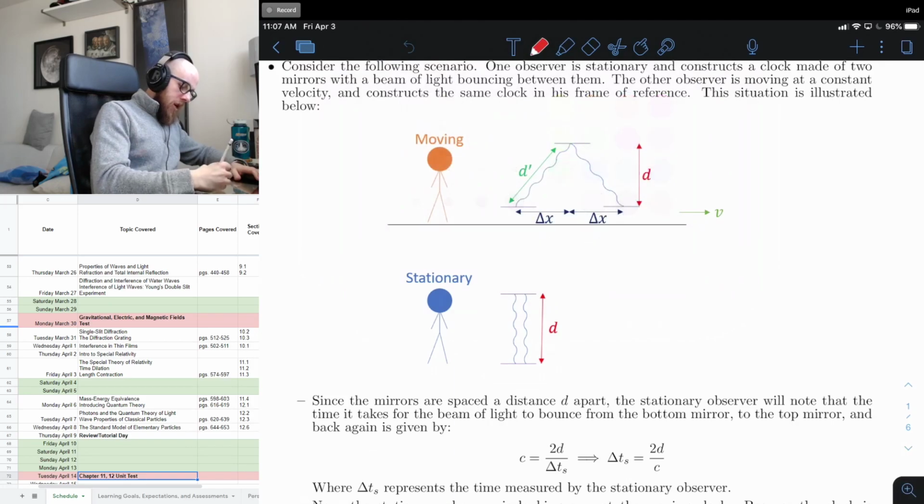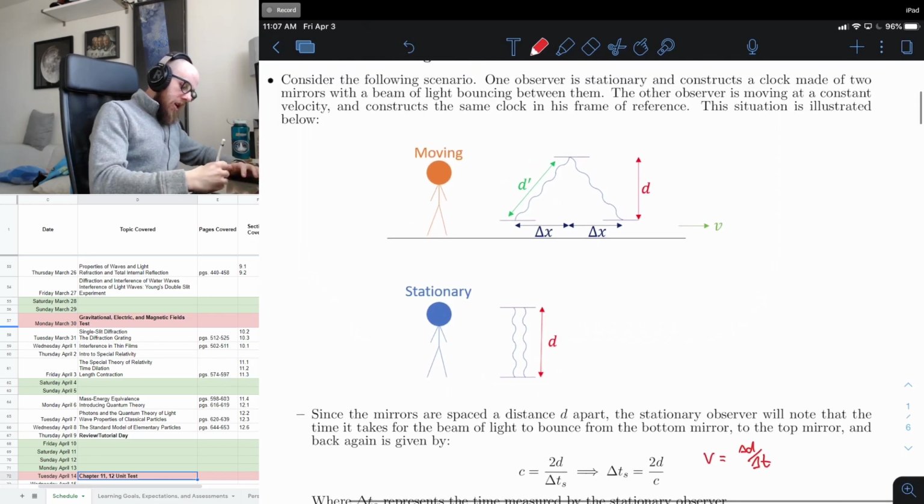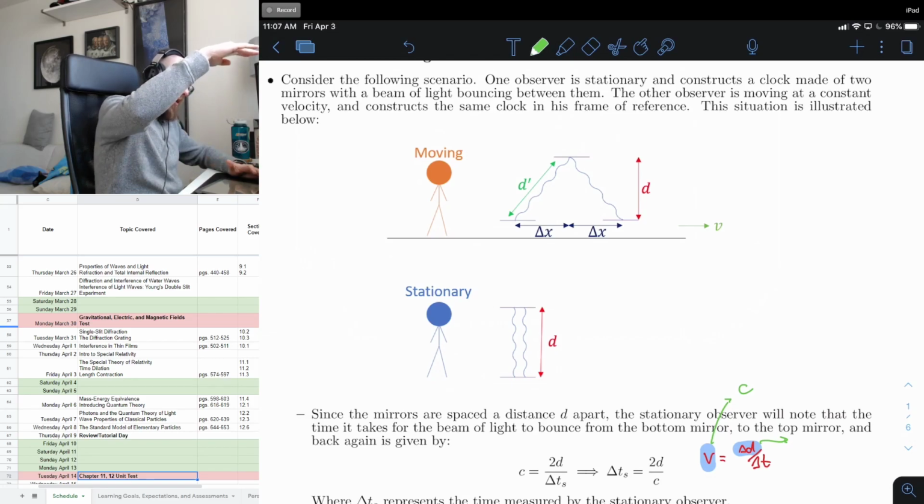The formula that I'm using here is just v is equal to delta d over delta t. The speed that the light beam is traveling at is just c, the speed of light. The distance that it's traveling is, well, it starts at the bottom mirror, goes to the top mirror, and then back to the bottom mirror. So it's traveling a distance of 2d based on this figure.